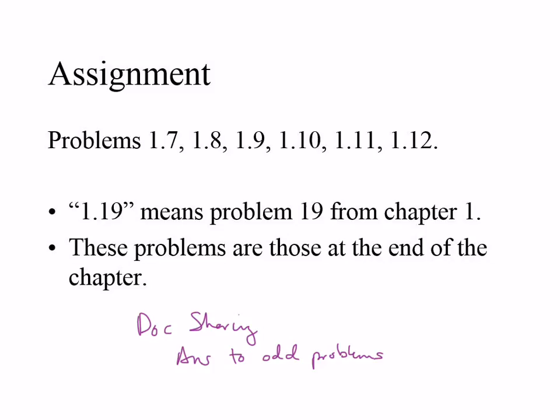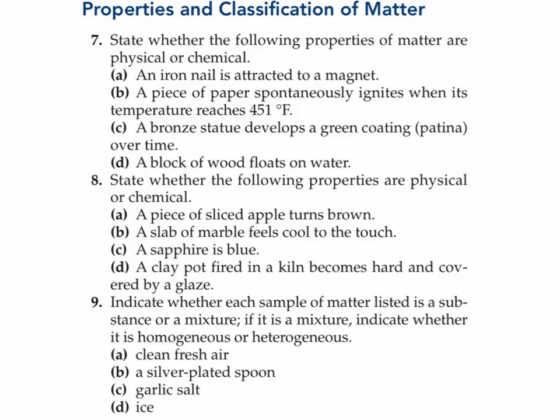Sometimes I do that. If I can find them. Okay, so this is what you're looking at. You don't have to answer using complete sentences, but you do want to answer with complete thoughts. The first one is, state whether the following properties of matter are physical or chemical properties.